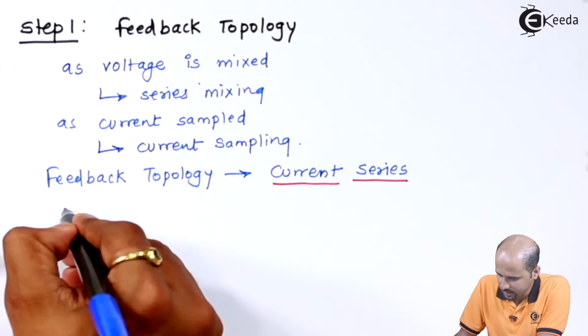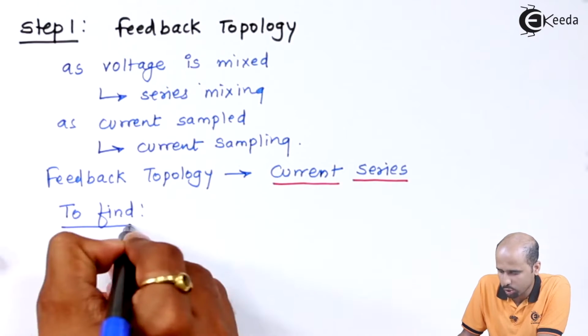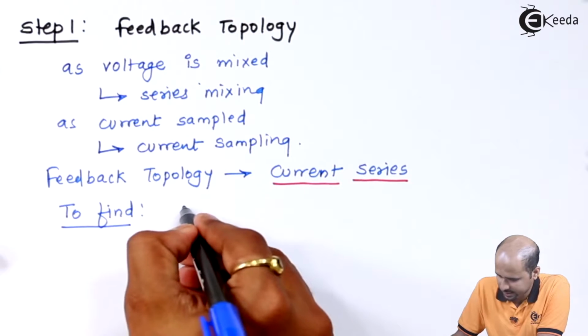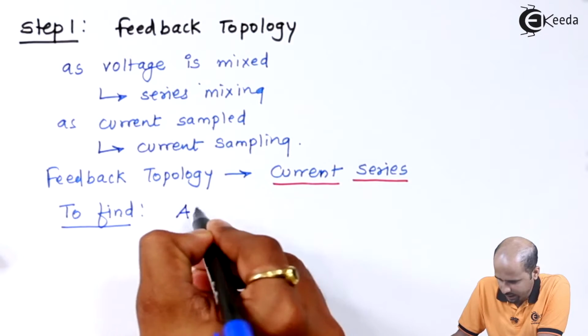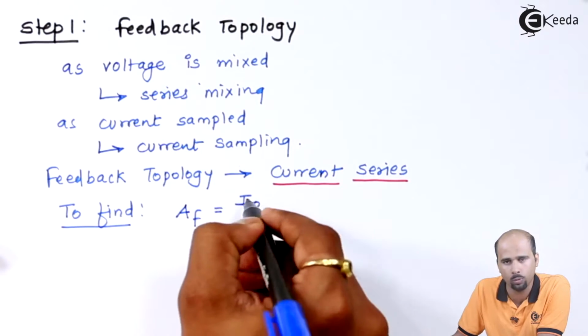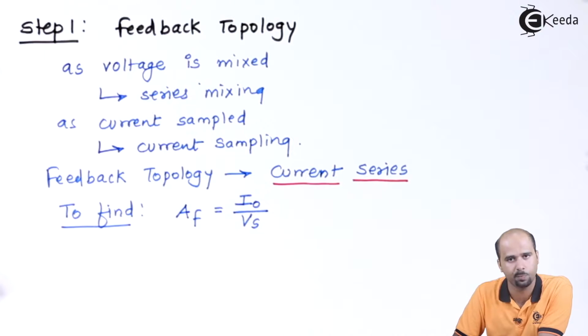From here we will get to know how we will be getting the value of ROF, how we will be getting the value of RIF and how we will be getting the value of AF, right? So here we will say, what is AF? AF is nothing but the value of output parameter, that is IO, divided by the input parameter, that is voltage VS, right?